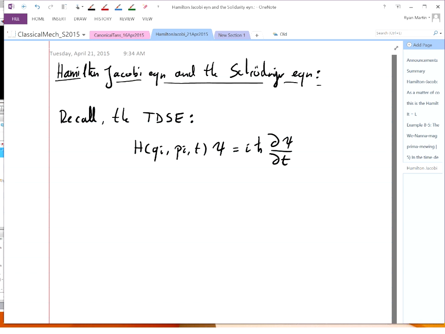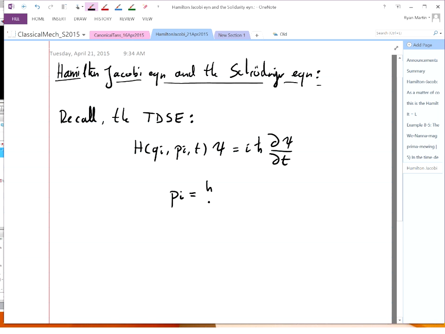Now, that's not quite the right way to write something in quantum mechanics, because I need operators for things. In particular, the operator for momentum in quantum mechanics, right? So we're still in quantum mechanics.